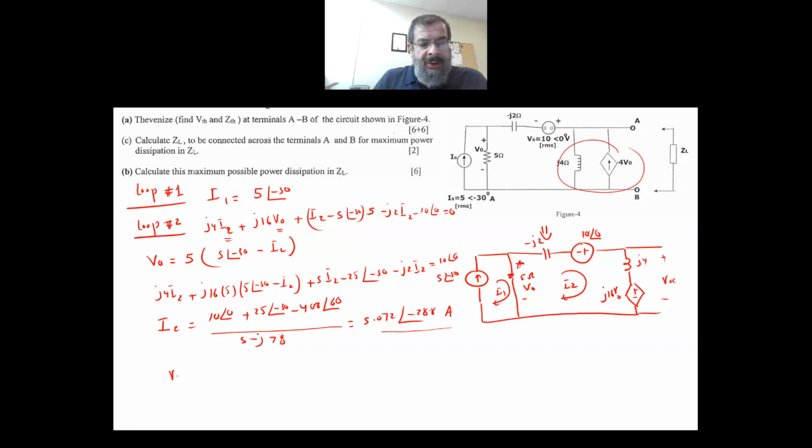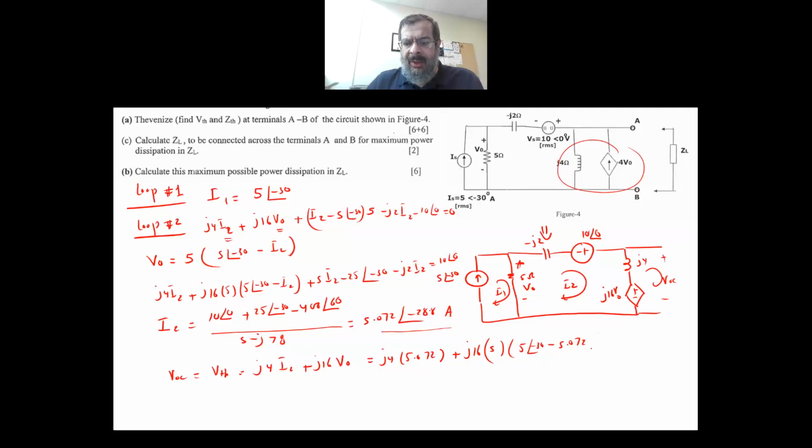Now your V open circuit, which is equal to your V Thevenin, we find by applying KVL. It is equal to J4 times your I2, which is 5.072, plus J16 times V0, and your V0 is 5 times (5 angle of minus 30 minus I2), which is 5.072 angle of minus 28.8.